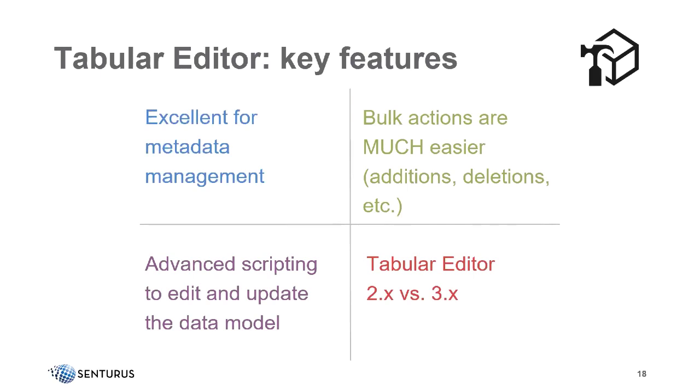They want to make you feel a little bit more at home with that. But Tabular Editor 2.0 is free, 3.0 costs a little bit of money, and I recommend starting with 2. And if you find that you do need those additional features, step it up to 3.